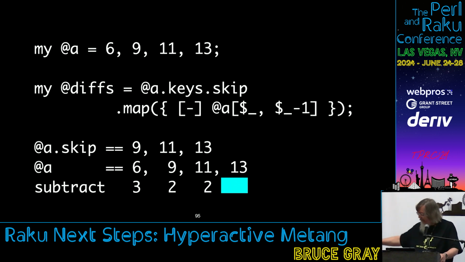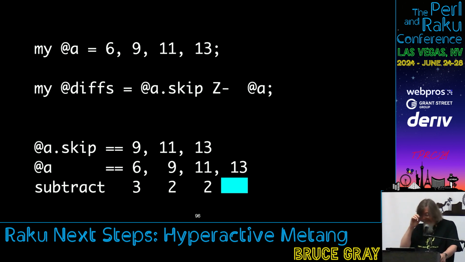So, ignoring that bottom half for a minute, we don't have to do it that way because we've just found Z. And here's a bit of clever. What I didn't mention is what happens with Z if the sides aren't the same size. If I got 3 things on the left and 4 things on the right, what happens?